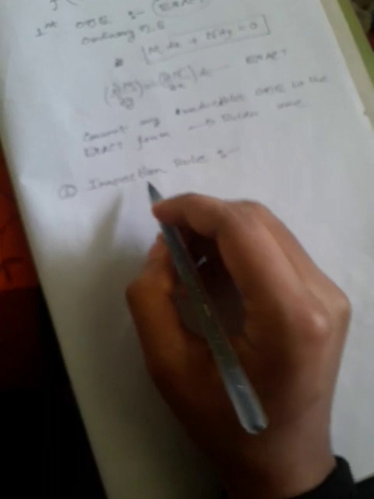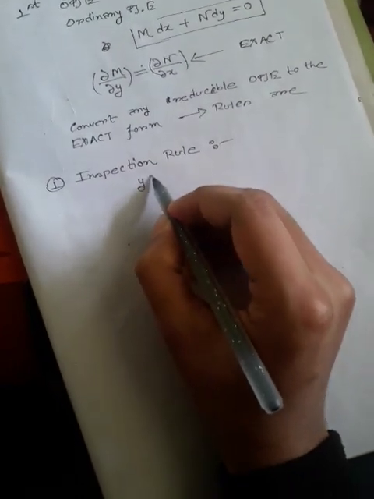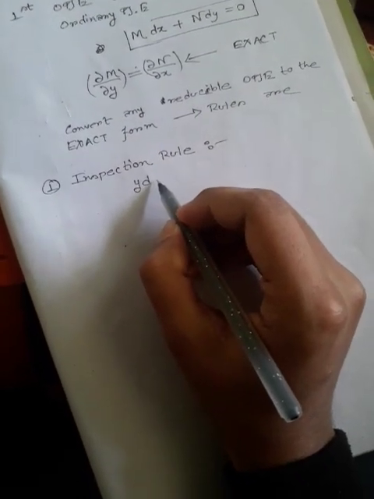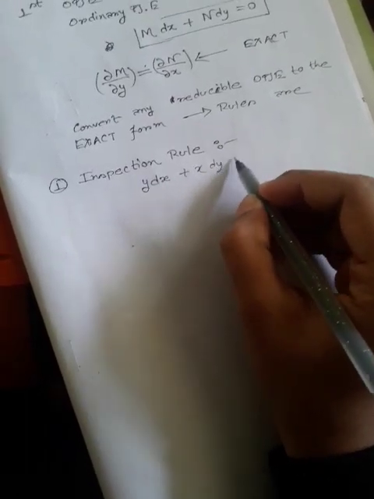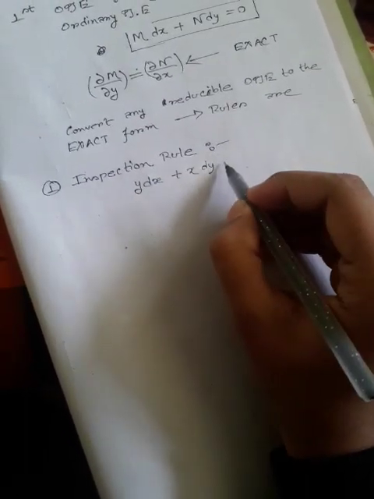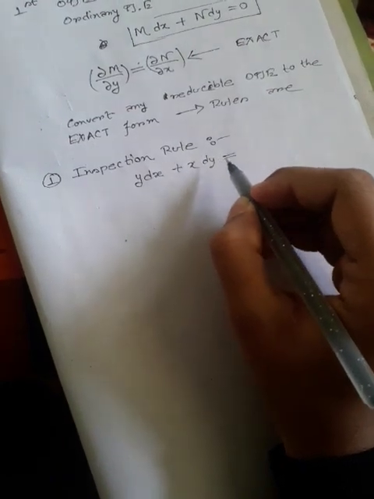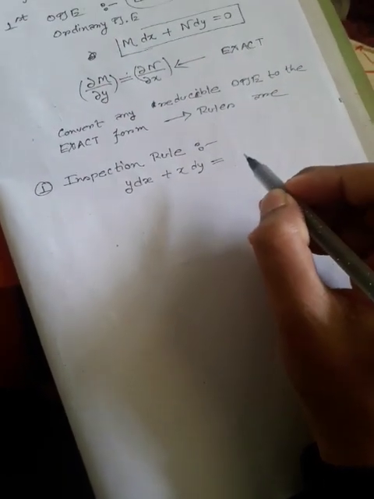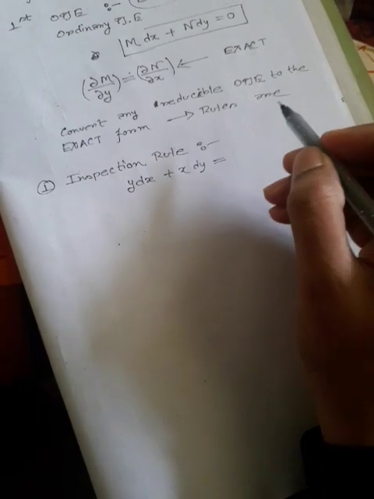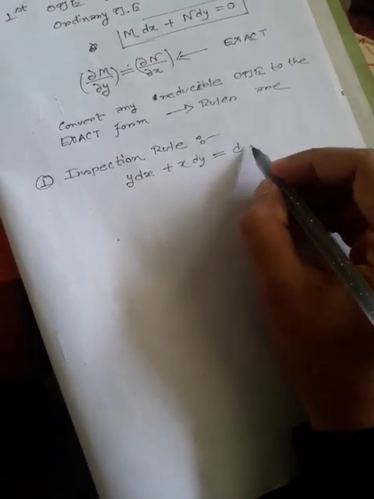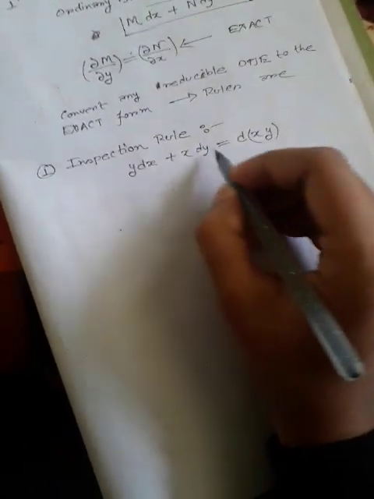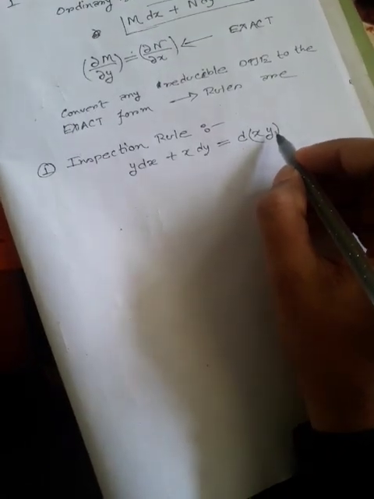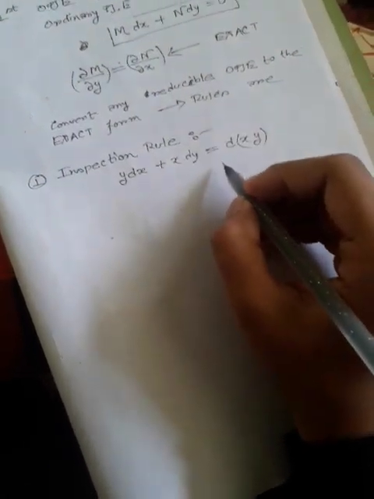The terms we have to remember will be y dx plus x dy. If this term remains there, for which our ODE is not becoming exact, we can easily consider this term as d of xy, and we can easily integrate this.